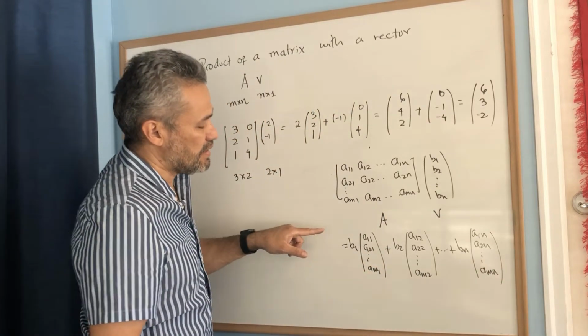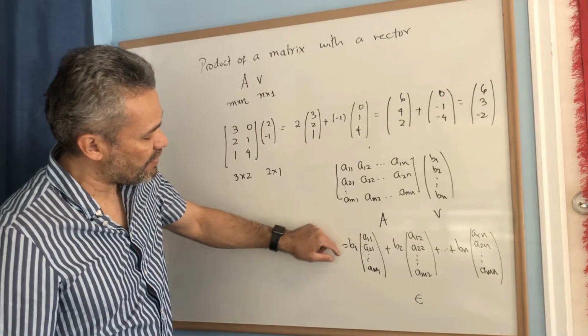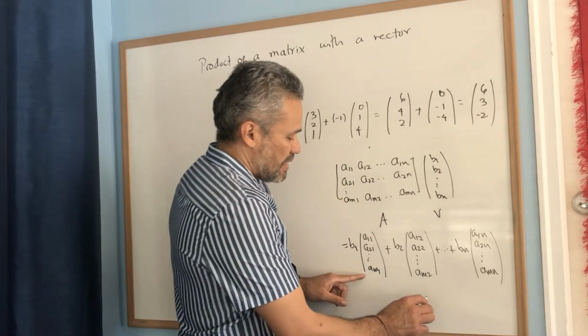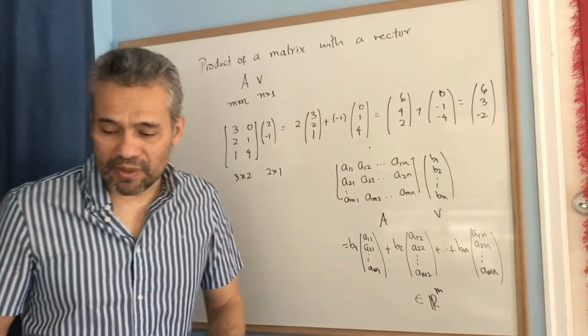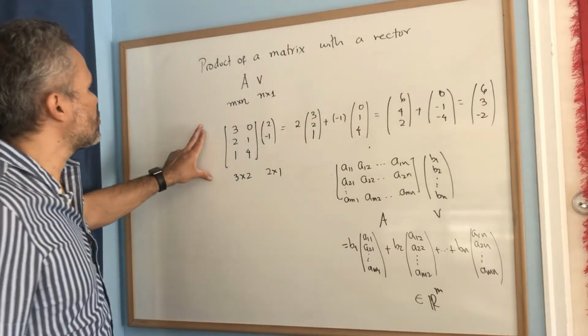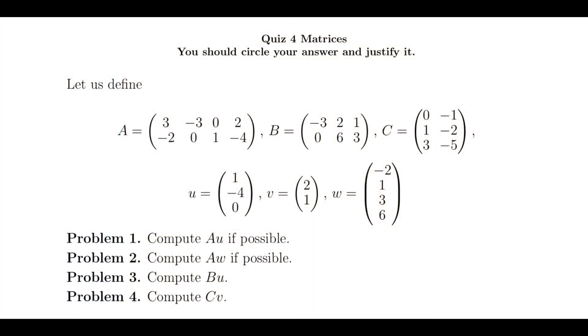Notice that this is a vector with size m. Then this is the product of a matrix with a vector. Please do this quiz.